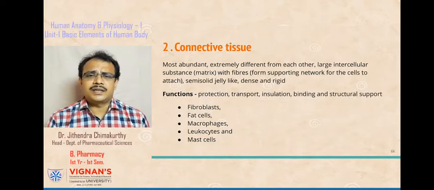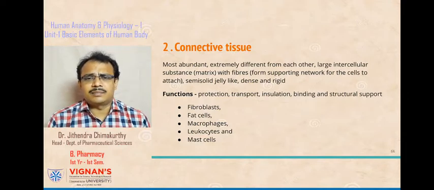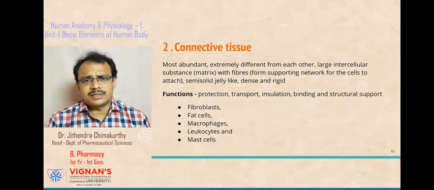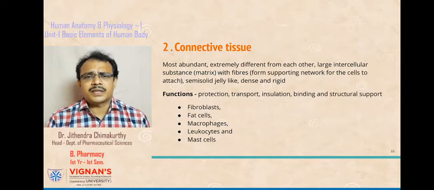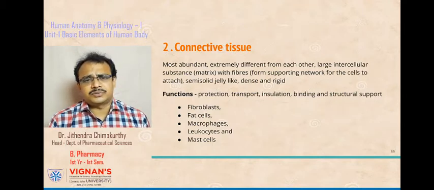Whereas in epithelial tissue, we have seen the whole tissue consists of similar cells, either squamous-shaped, cuboidal, or columnar cells, in connective tissue there are 5 different types of cells that are usually present, and the number of these cells differs in different types of connective tissue.